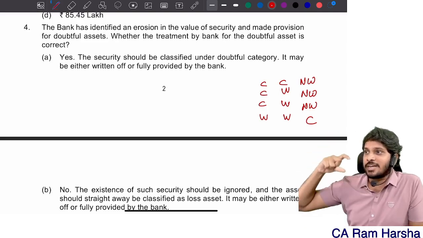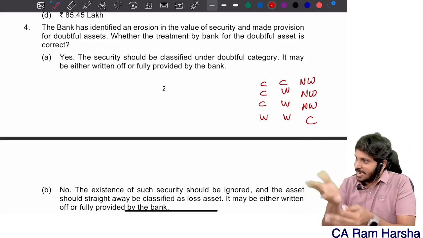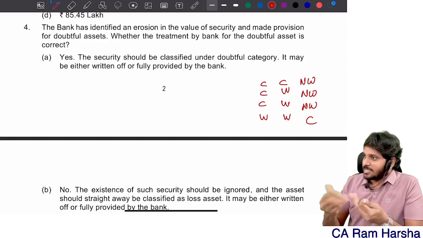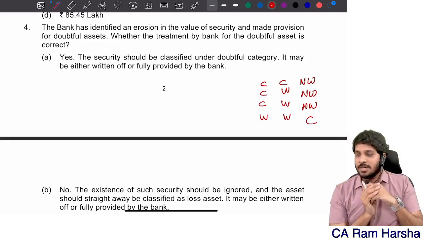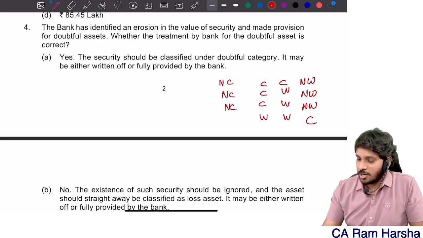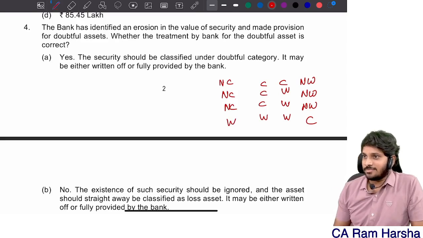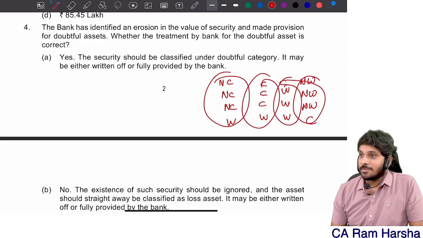That's how you should figure out when there is a conflict. If all 4 options appear right, all 4 options appear not wrong, in such a case you should apply this logic. Sometimes: not correct, absolute wrong. You're getting it? This is how MCQs will be framed.